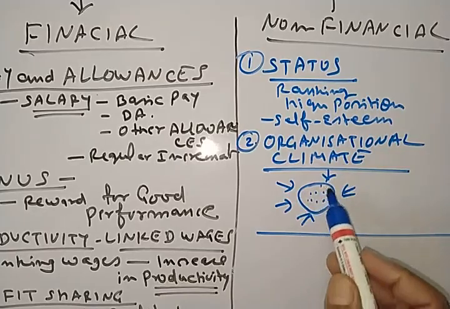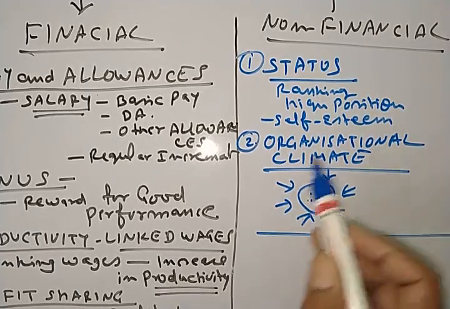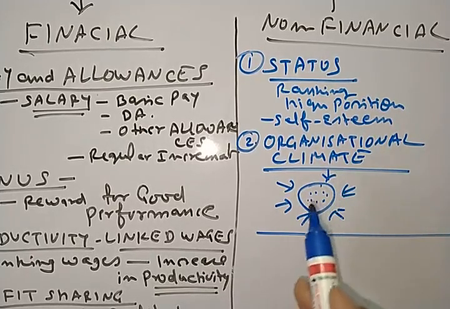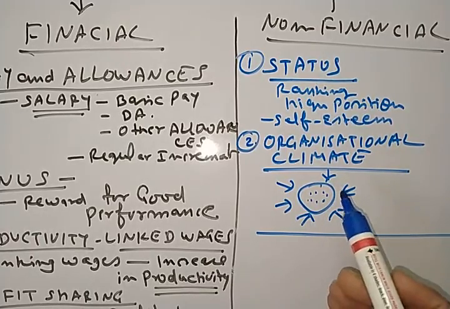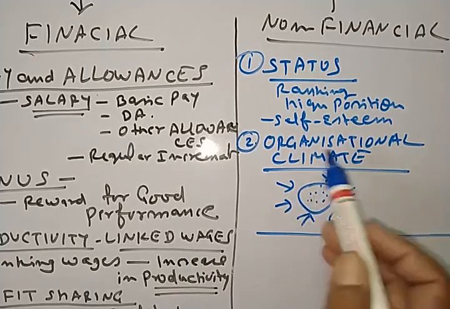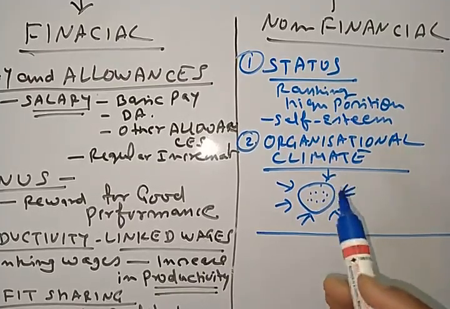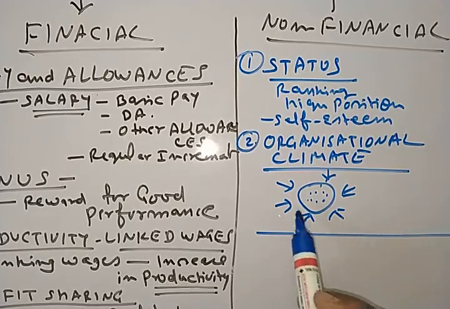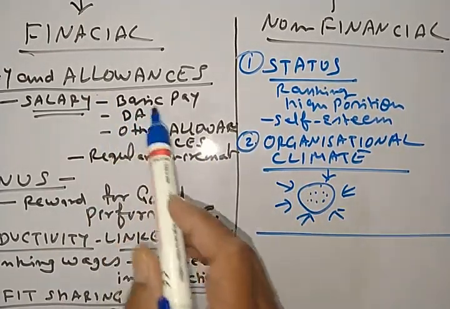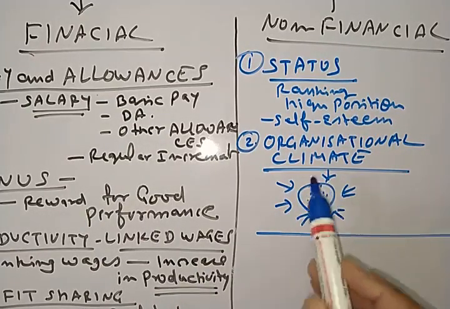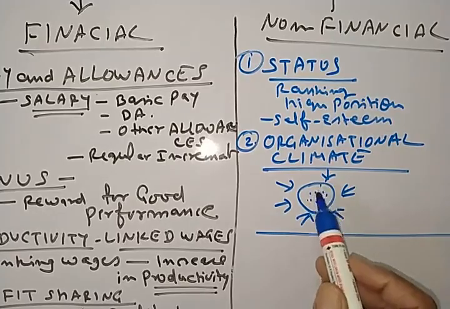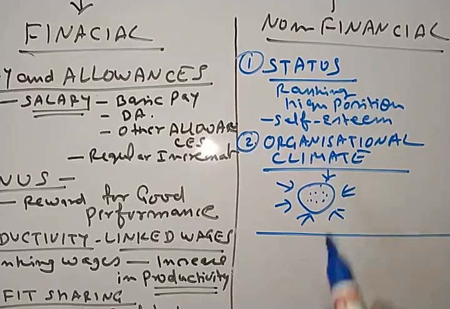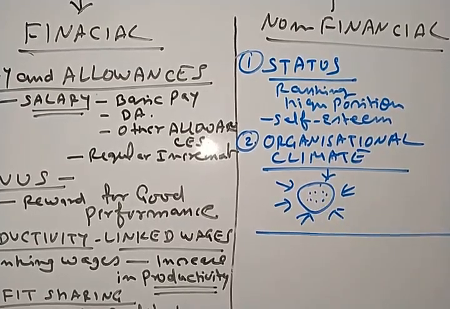So all these things, internal as well as external, make up the organizational climate. Many of these factors depend upon time, and they motivate the worker to work in an efficient or non-efficient manner. Suppose the pay and allowances are very good, but the organizational climate is disturbing, there is much partiality and no transparency in the system, then the employee may feel disheartened to work.